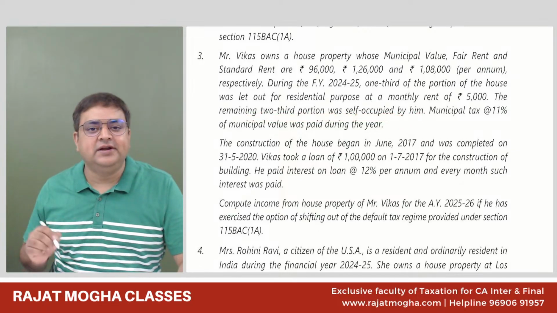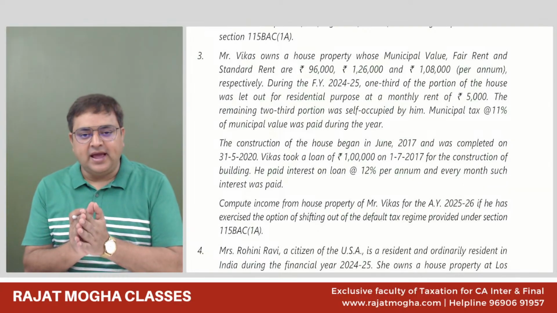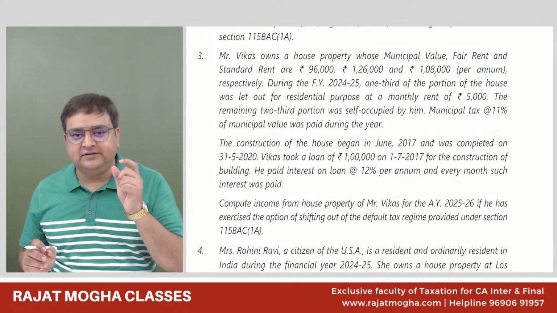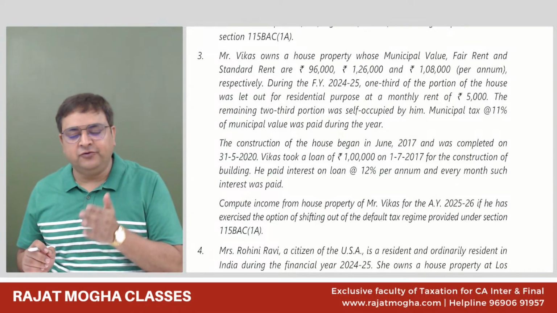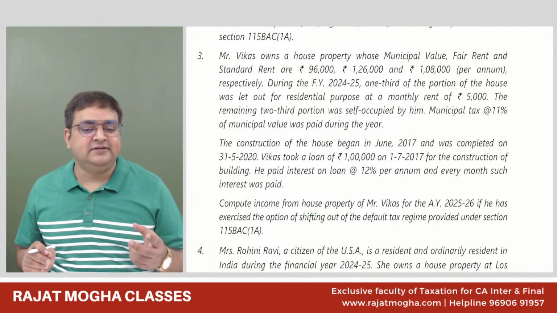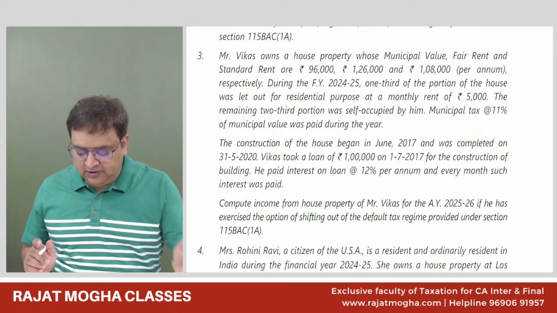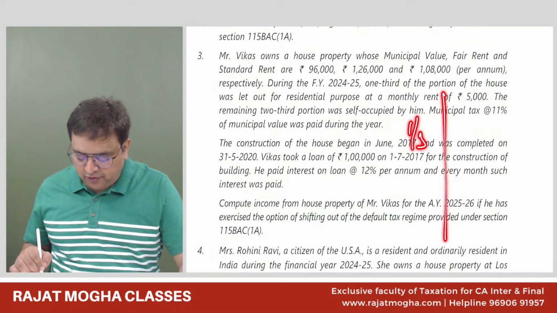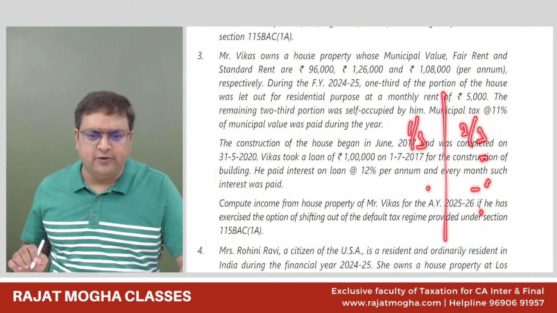Now there is one property and it has different uses. One part is let out, another part is self-occupied. So whenever there is a single property which is used by the assessee differently, we have to compute it as a separate house. So for 1/3 we'll make one column, for 2/3 we'll make another column. 2/3 self-occupied, 1/3 let out.